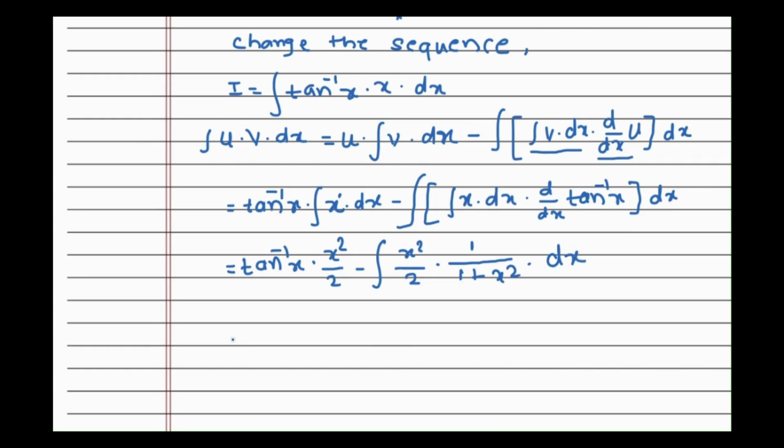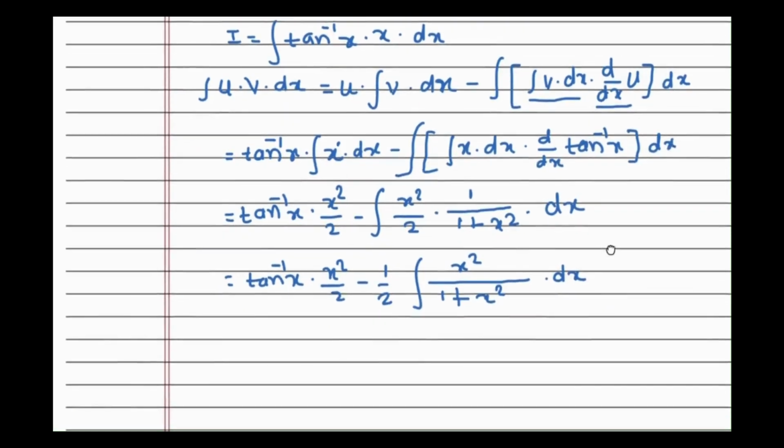We have to integrate this again. The first term remains as it is, tan inverse x into x square by 2, minus, let us take the constant 1 by 2 out. What remains is x square upon 1 plus x square into dx.